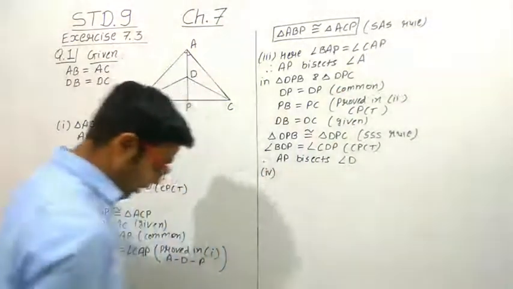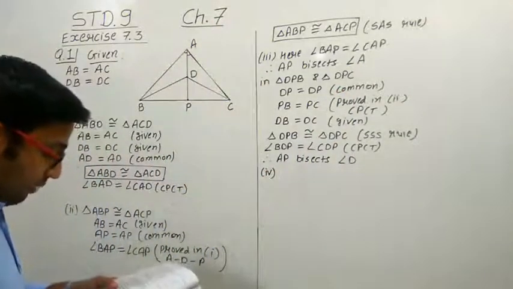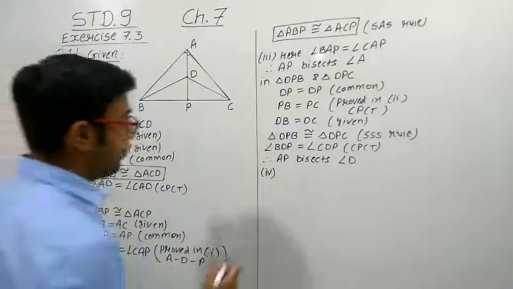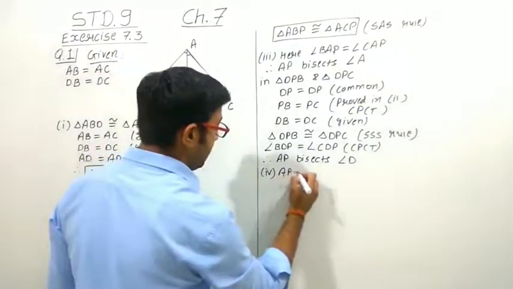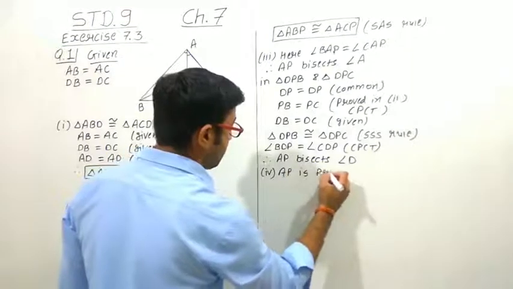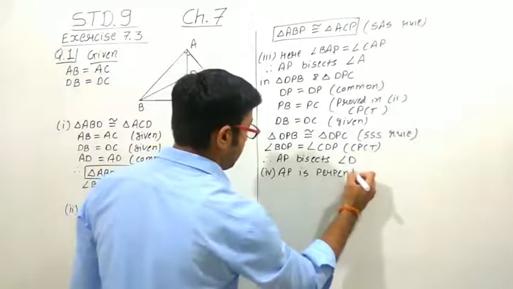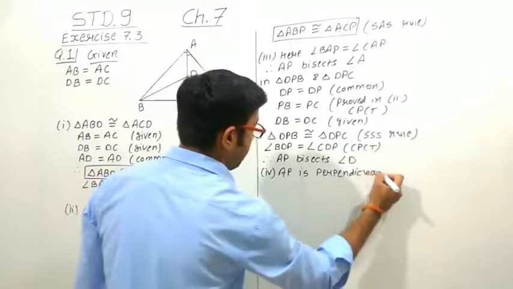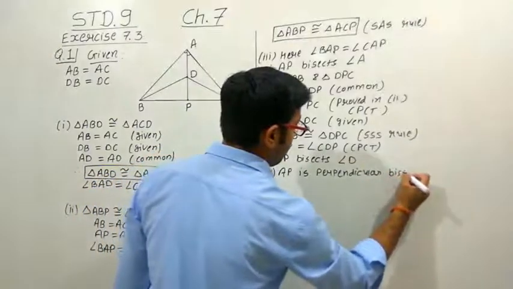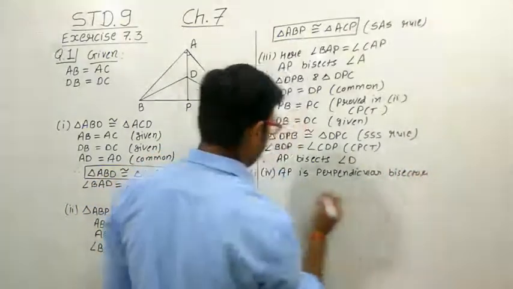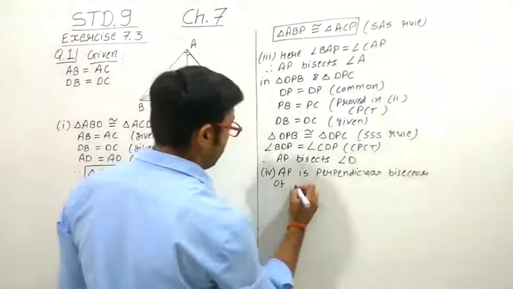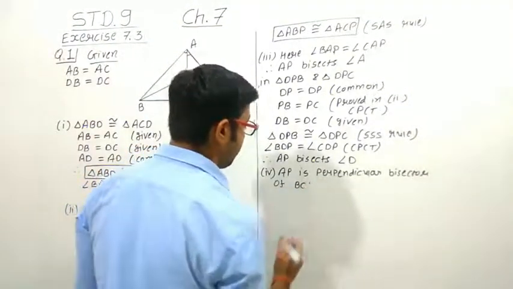Now the fourth thing that we have to prove is that AP is the perpendicular bisector of BC.